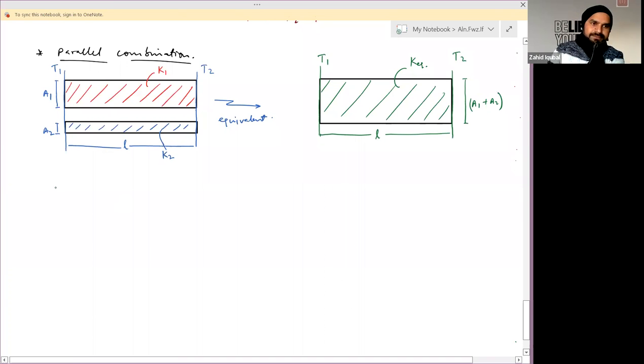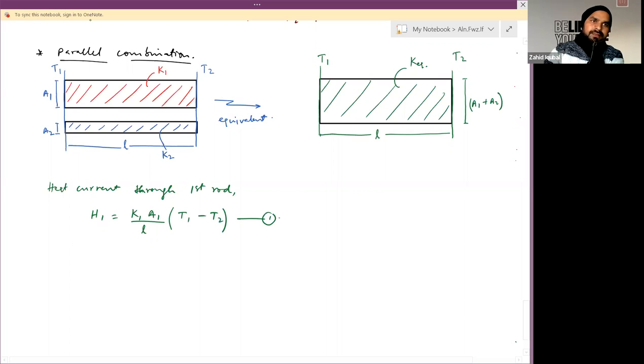So first is the heat current through the first rod. According to the formula, H1 is equal to K1 A1 by length times the temperature difference T1 minus T2. Let's say this is equation first.